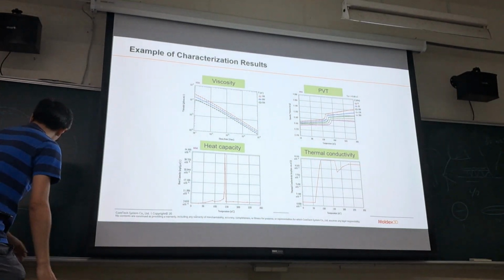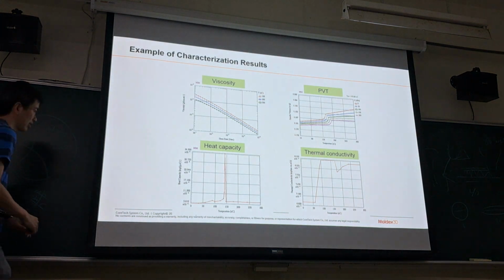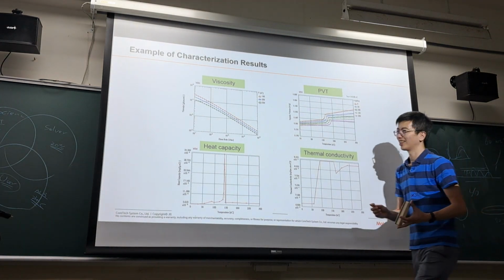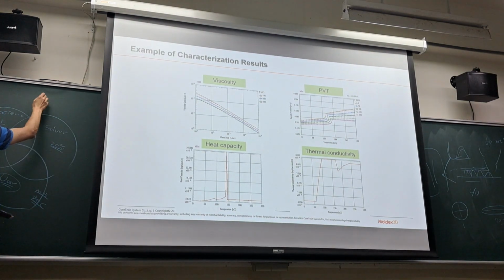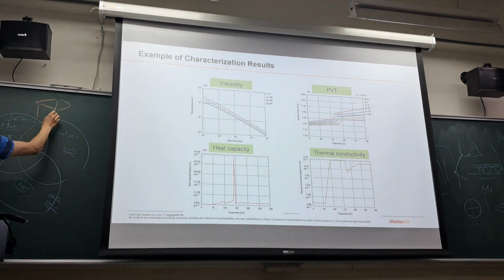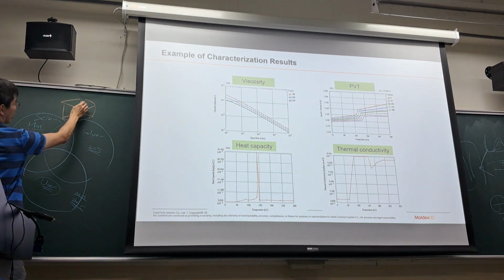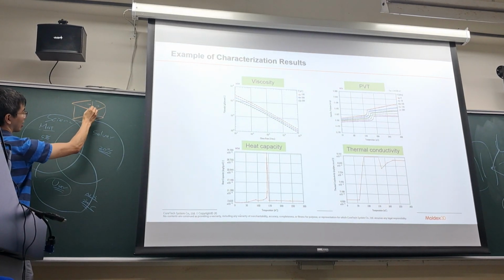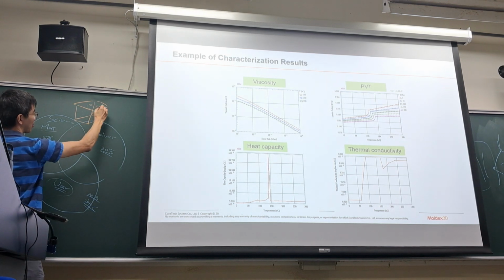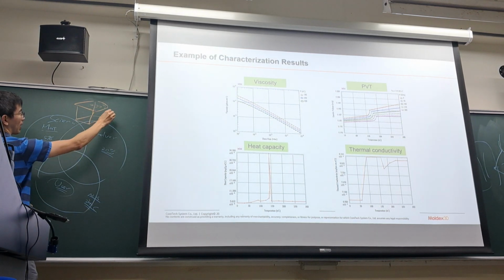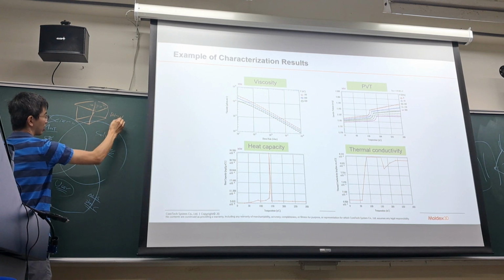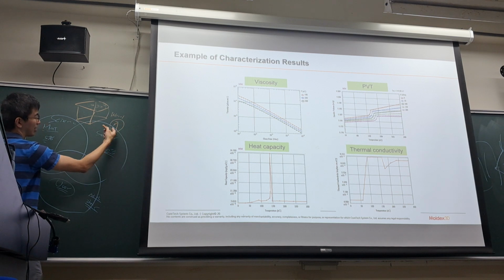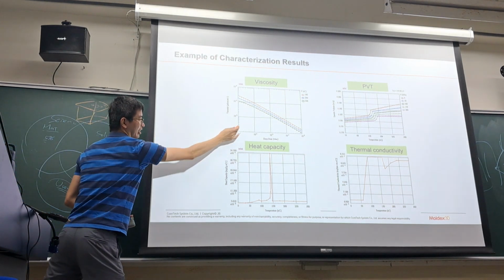Oh, by the way, we also have some idea. For this material, we can take it as a black box. We don't know exactly how many percent or what the binder wax is. We just treat it as a black box and do some tests so we can have an average viscosity behavior.